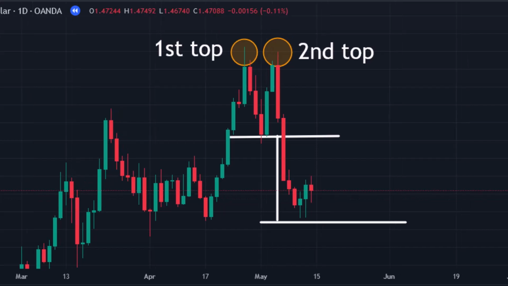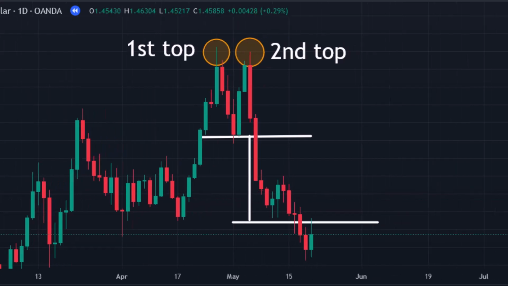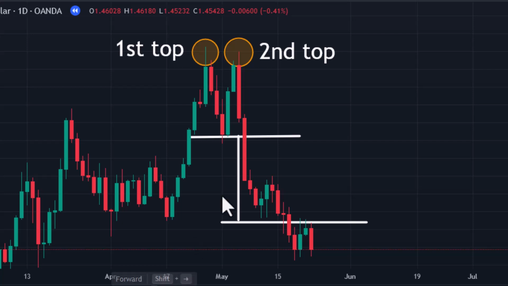So with this, from this top to where it was broken, you measure an equal distance from there, then you measure from the neckline also to the bottom. That is where your take profit ought to be. To place your stop loss, you have to factor in a bit of whatever you are seeing at that time.